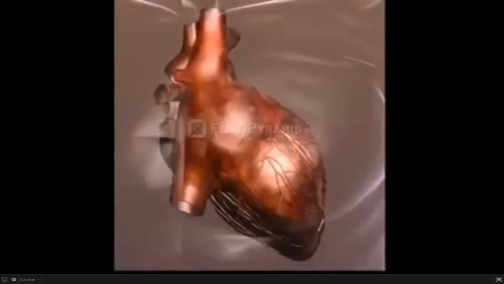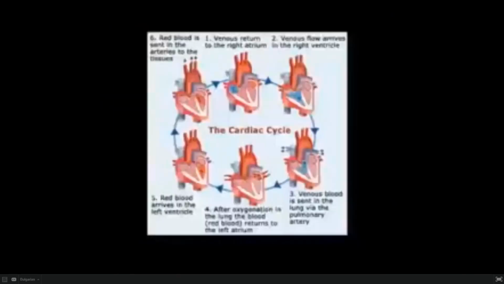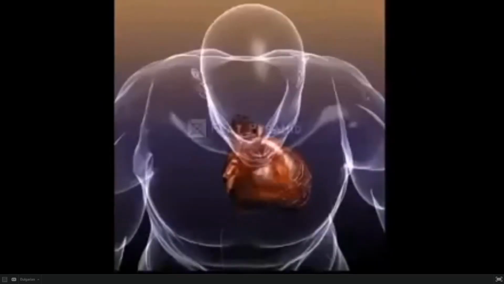And then we go to picture 1. Picture 1 shows how the heart is placed inside the chest. From picture 1 to picture 4 are different projections of the place of the heart. In that picture you see the heart from the front.